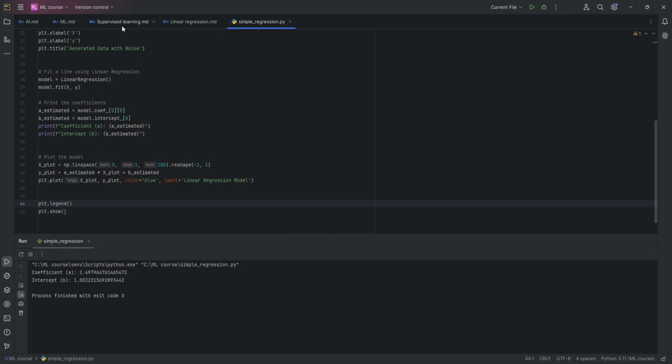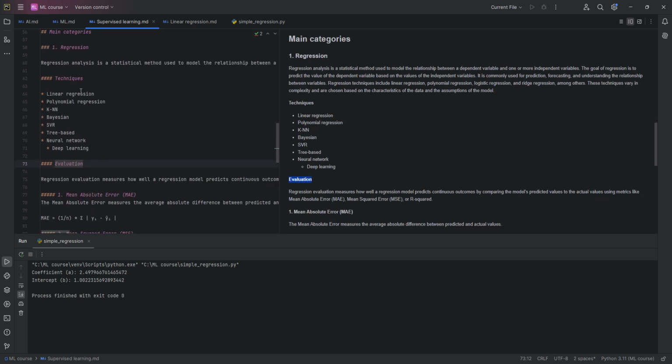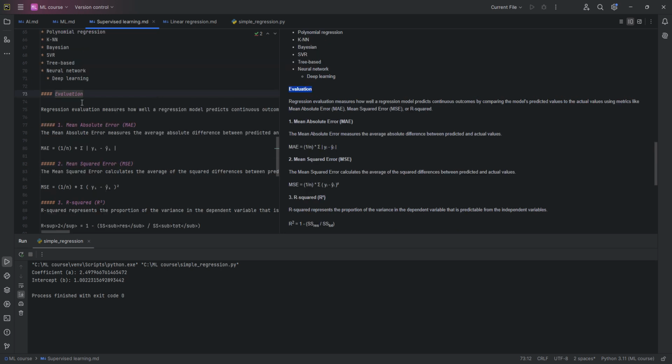So if we go back to our supervised learning file, under the regression, we were talking about the techniques, and then we started with the linear regression. Now we want to talk about how we evaluate the models that we create. There are many metrics. I have listed three here.